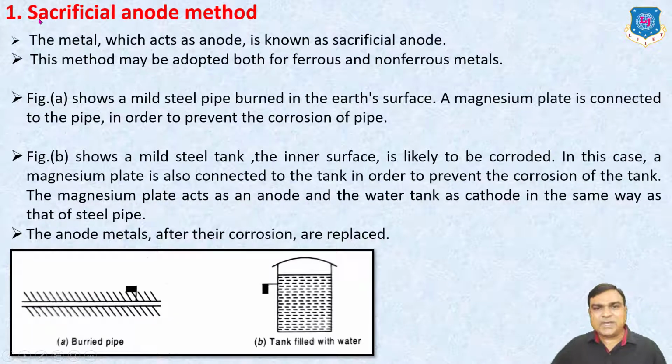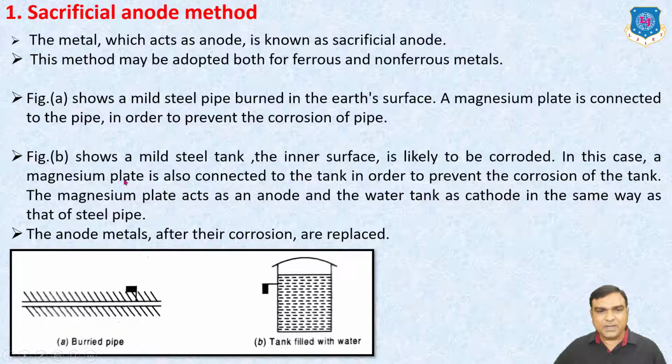In sacrificial anode method, the metal which acts as anode is known as sacrificial anode. This method may be adopted both for ferrous and non-ferrous metals. So in this figure, A shows a mild steel pipe buried in the earth. A magnesium plate is connected to the pipe in order to prevent the corrosion of the pipe.